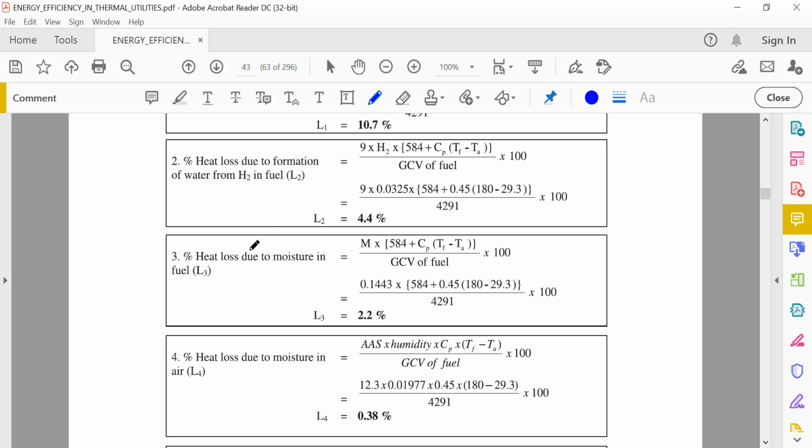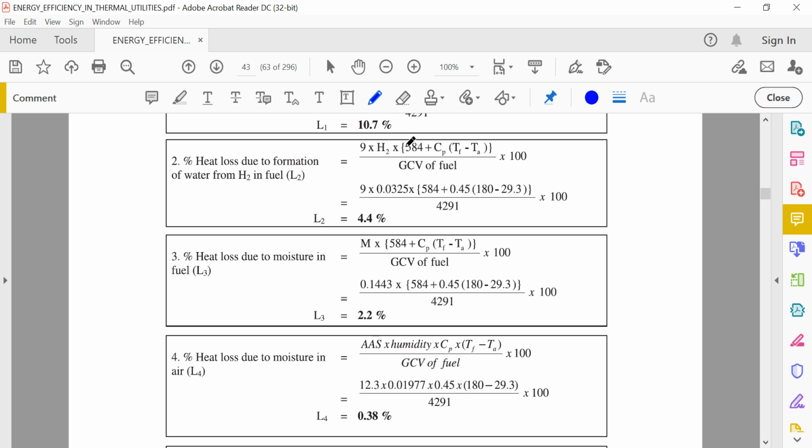This is the heat loss due to moisture that is present in the fuel, and this is the heat loss due to moisture in air. Now in this case, the calculations are done in this way: 9 into the amount of hydrogen that is present in fuel multiplied by 584.